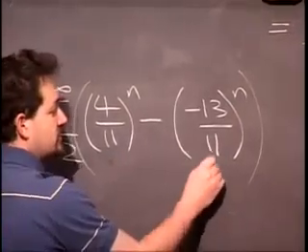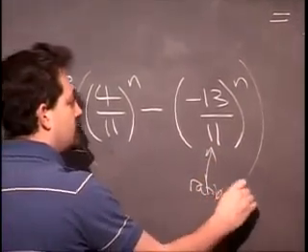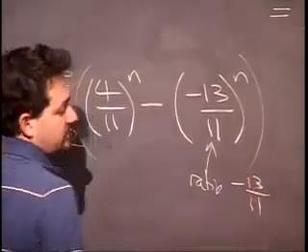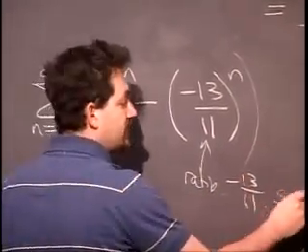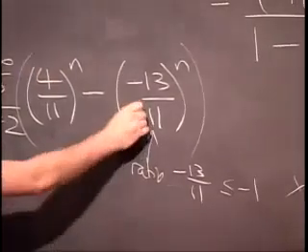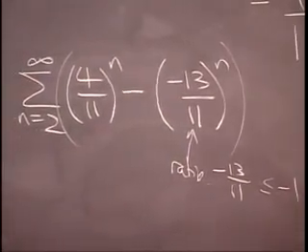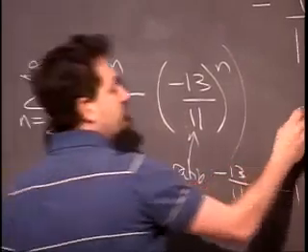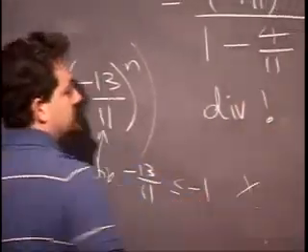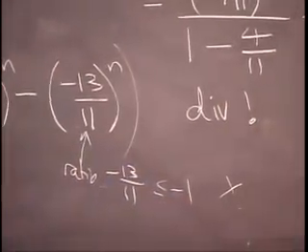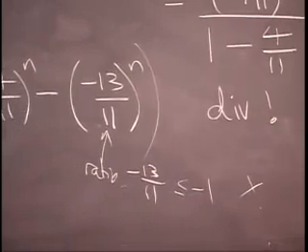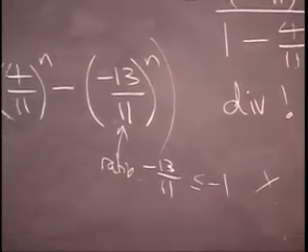But this one has ratio minus 13 over 11, which is no good because it's less than or equal to minus 1. So this series, or that part of the series, diverges, and that's enough to drag down this one with it. If you try to add up a convergent series to a divergent series, I'm afraid the divergent series wins.